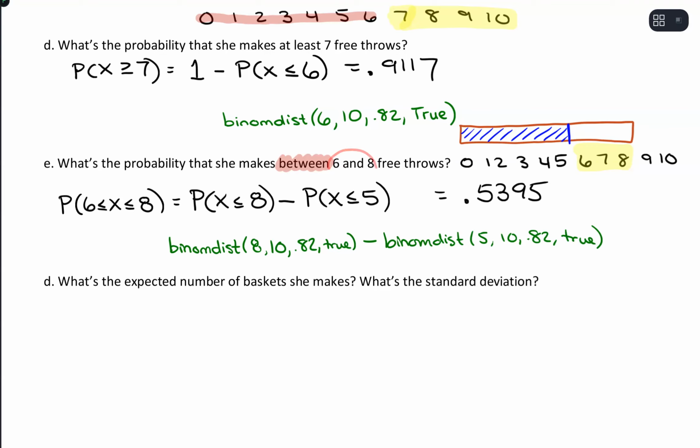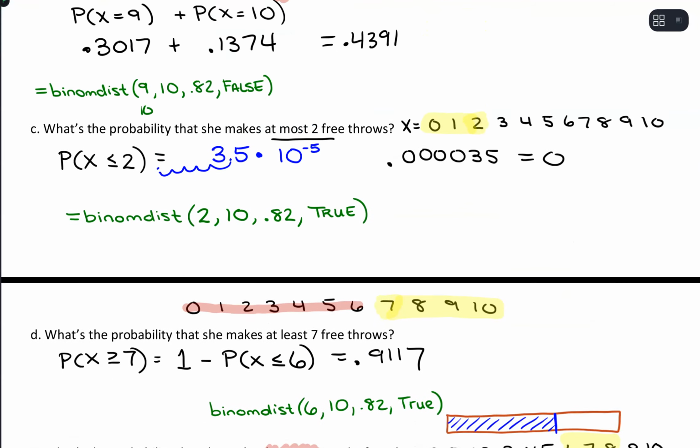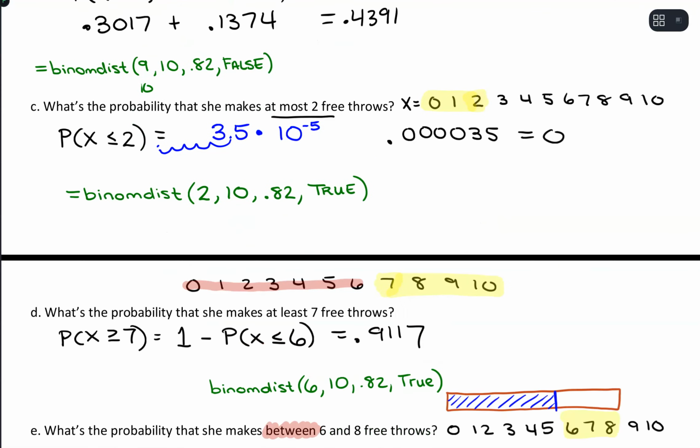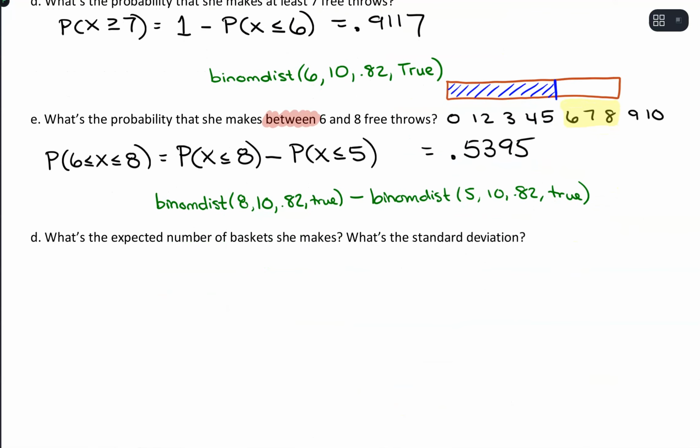Because we were looking between 6 and 8, we took the probability of less than or equal to 8 minus, bumping 6 down to 5, the probability of x less than or equal to 5. But again, you could do what we did in part B and just add the probabilities. This is the same as saying what's the probability she makes 6 or 7 or 8, and just adding those separate probabilities together. This is just good when you have a lot to add up.